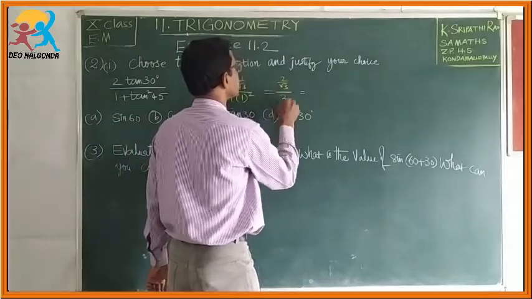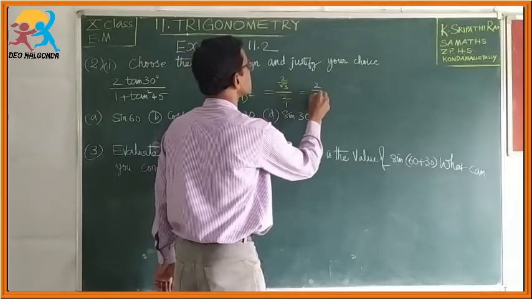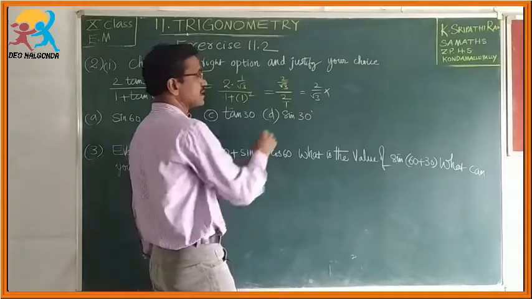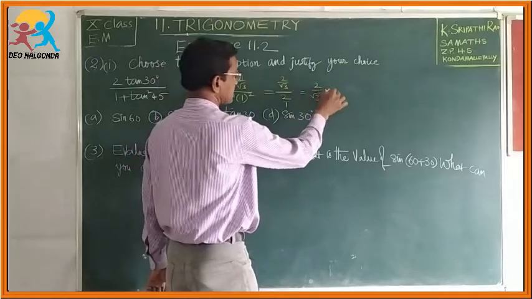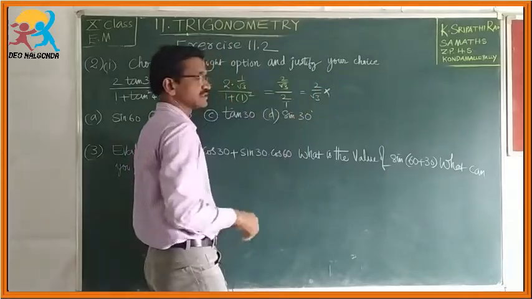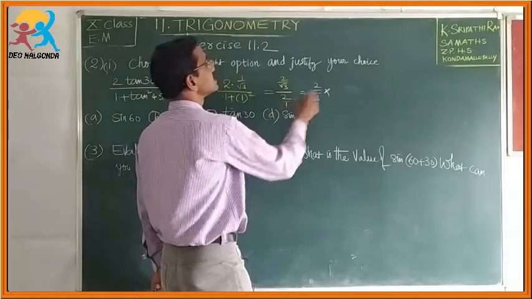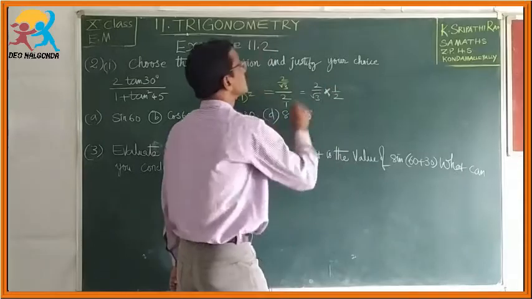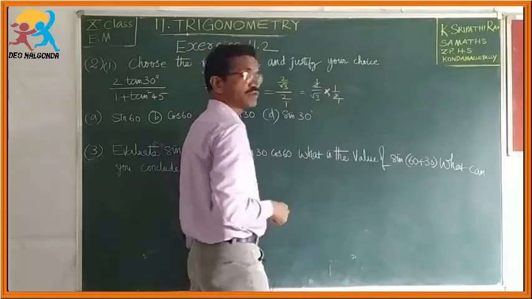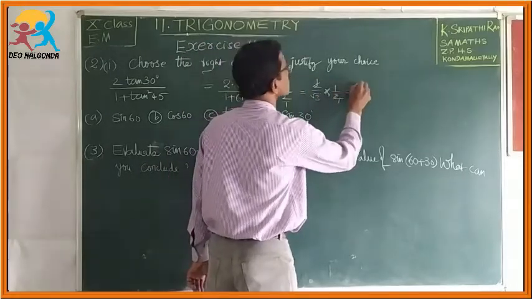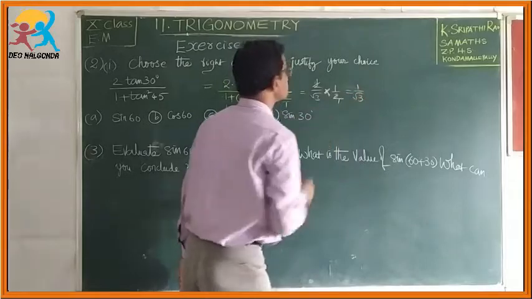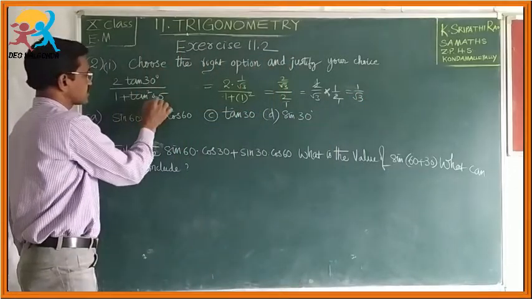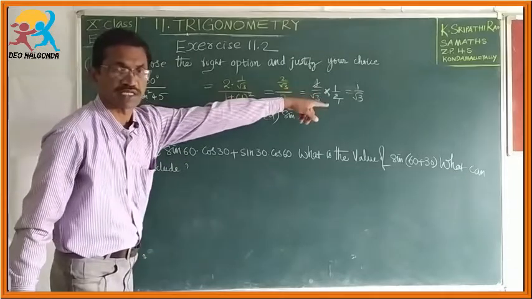Write 1 here. So 2 by root 3 into the reciprocal of the second fraction: write the first fraction as it is and multiply with the reciprocal of the second fraction, which is 1 by 2. Here 2 and 2 cancel, and 1 into 1 gives 1 by root 3. This is the value of 2 tan 30 by 1 plus tan square 45: 1 by root 3.